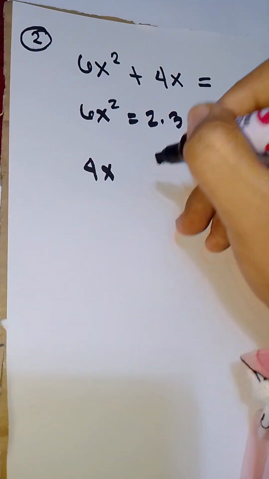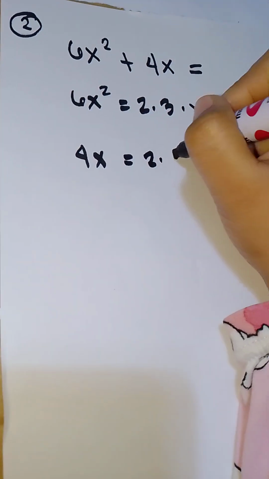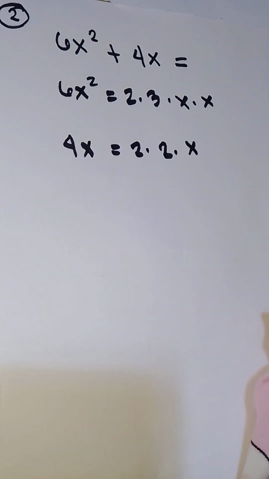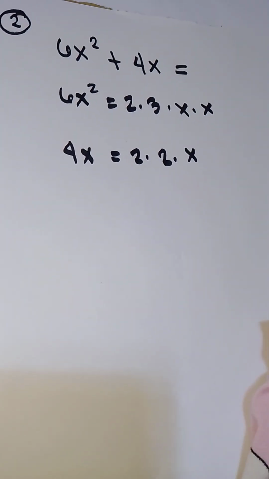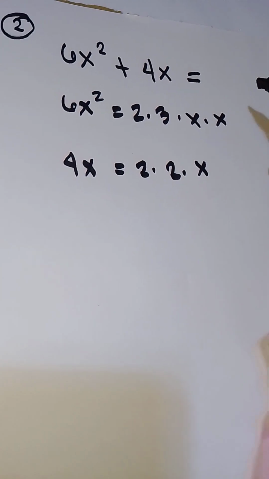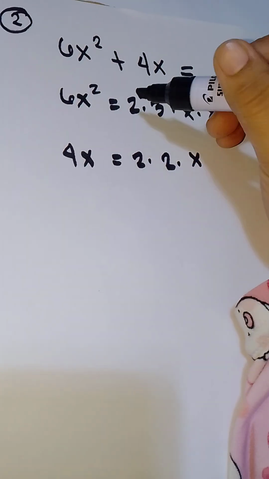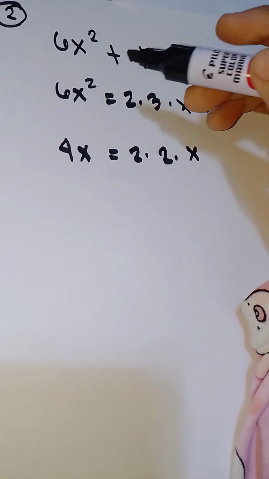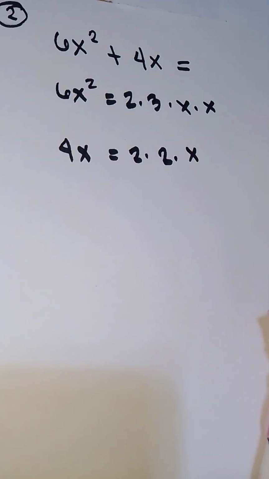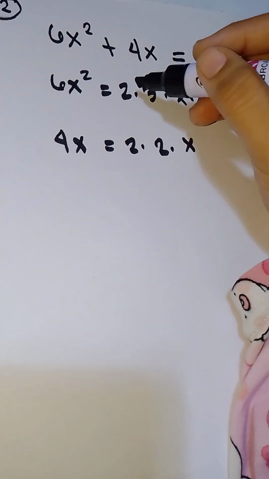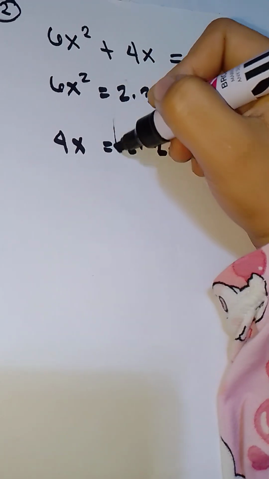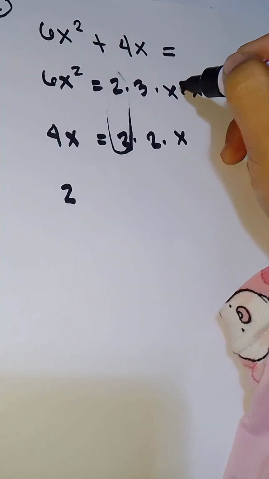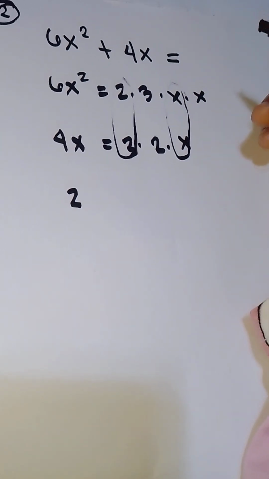And for 4x we have 2 times 2 and x only. After that, we're going to identify the common factors that 6x squared and 4x have. The common factors are 2, and also they have x.